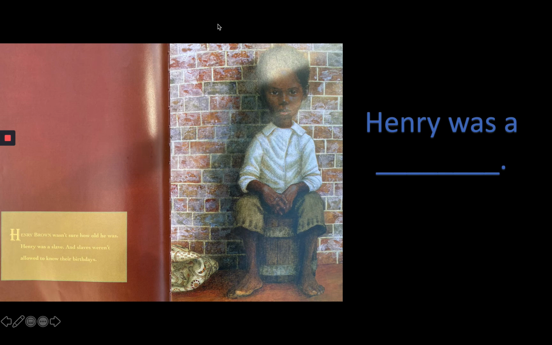So what if you get the word Henry was a boy? That's true, Henry was a boy. But what did the author in our story call Henry? So I'm going to go back and reread that part, which is a strategy. Let's see, it says Henry was a slave. So I'm going to put the word slave in there, S-L-A-V-E.